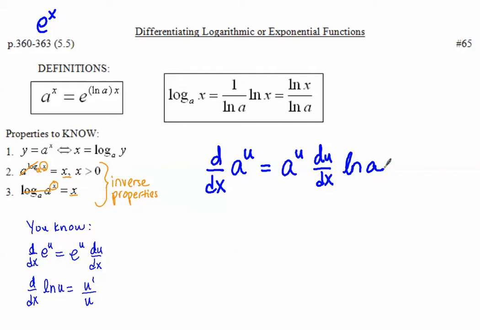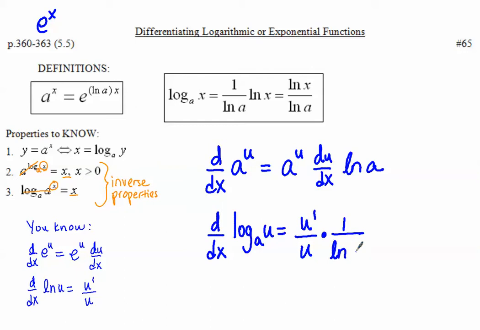I'll show you in a second. Other derivative you want to memorize, derivative with respect to x of log base a of u. Well, let's look back to the natural log of u, prime over u. Well, this one is still u prime over u, but just like how we're multiplying by a constant of natural log of a here, we multiply by 1 over the constant of natural log of a here.